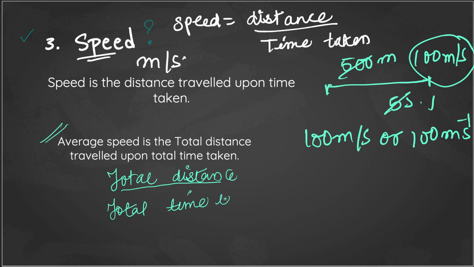For example, if this is my home and this is my school, and I am going from home to school in different sections, this is 3 meters, this is 5 meters, and this is 6 meters, and I'm going with different times.